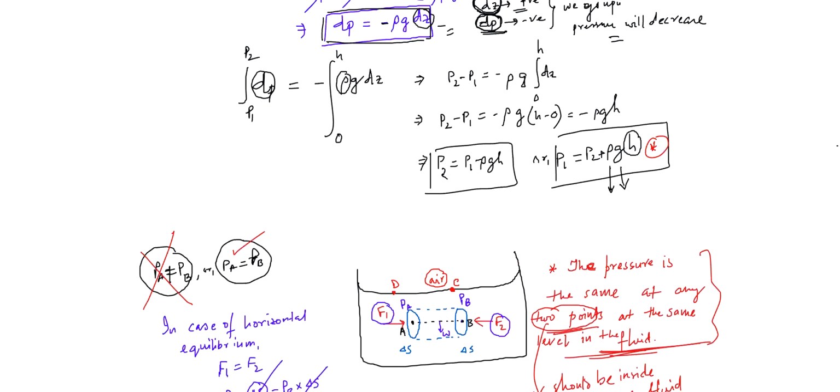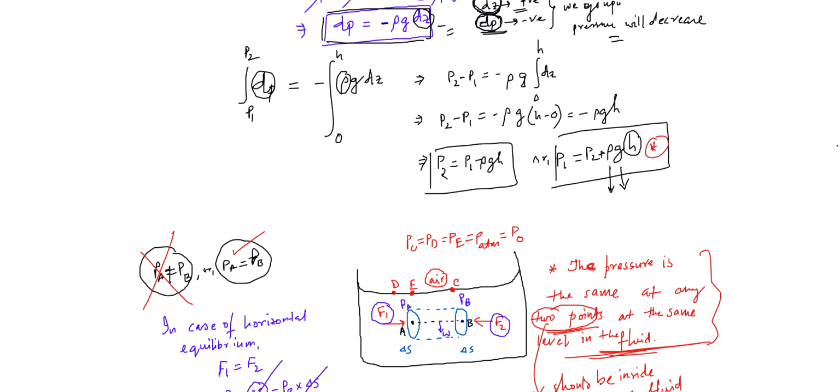All the points on the free surface, which have air above them, have the same pressure, and that pressure is equal to the atmospheric pressure. So PC is equal to PD is equal to PE. We consider that to be P atm, or most of the time we call it P0. P0 is the atmospheric pressure.